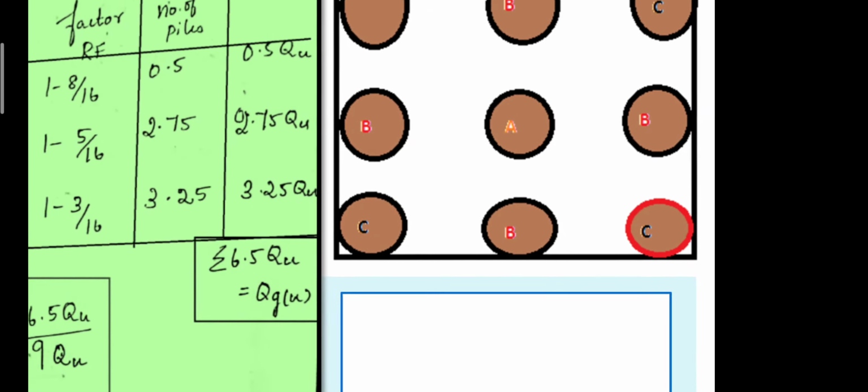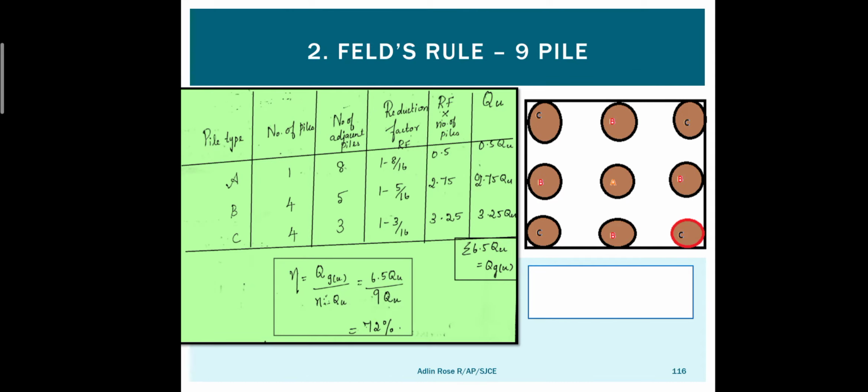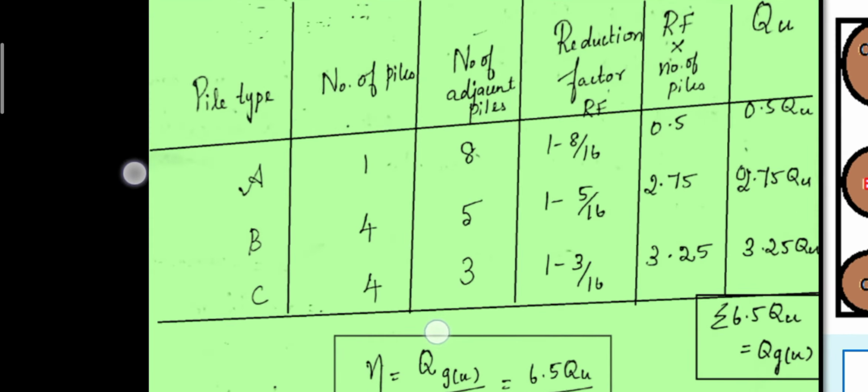We have center pile A, corner pile C, and the remaining inner piles are B. How many center piles are there? Only one. So the number of piles A is 1. How many corner piles are there? 4. So C is 4. How many remaining inner piles are there? 4. So B is also 4.